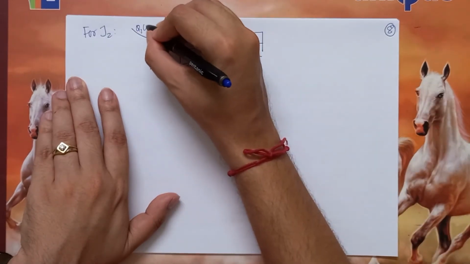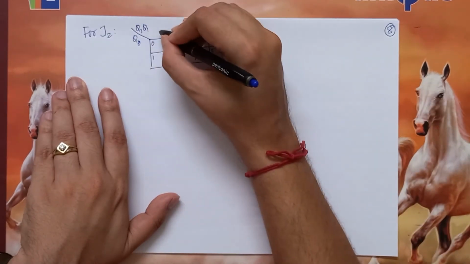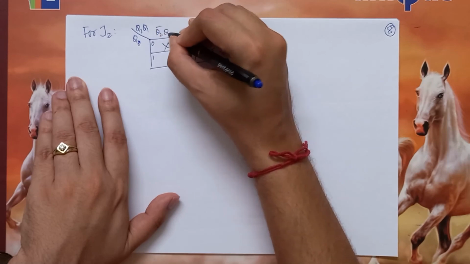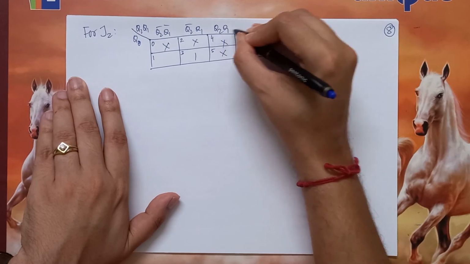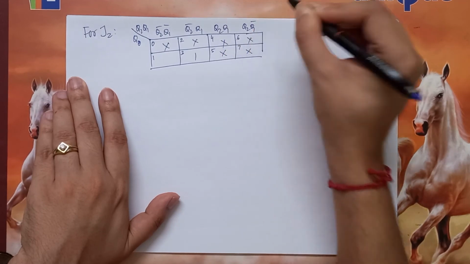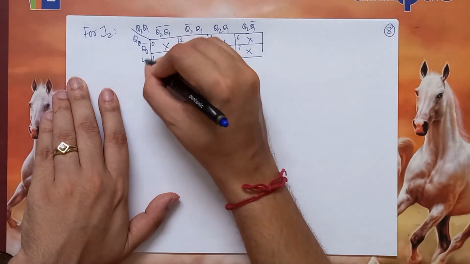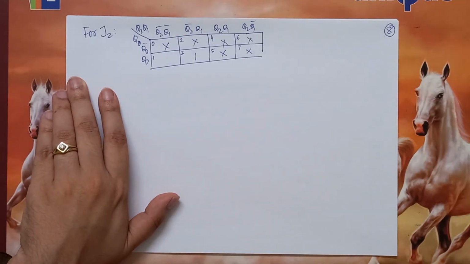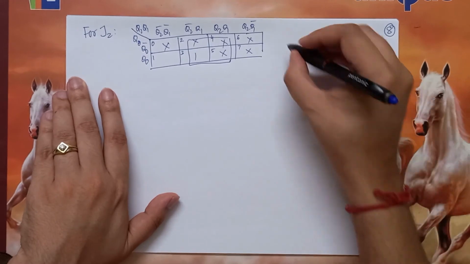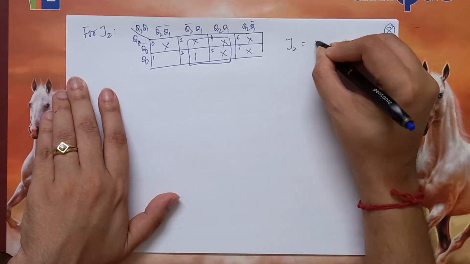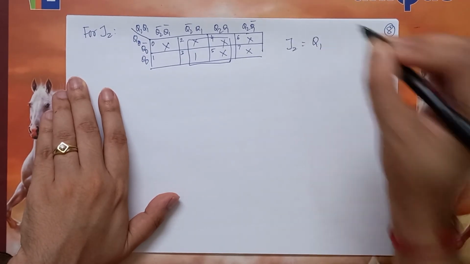So this is Q2, Q1, Q0. One thing you can do is make a group of 4 this way. So we see that J2 is equal to Q1.